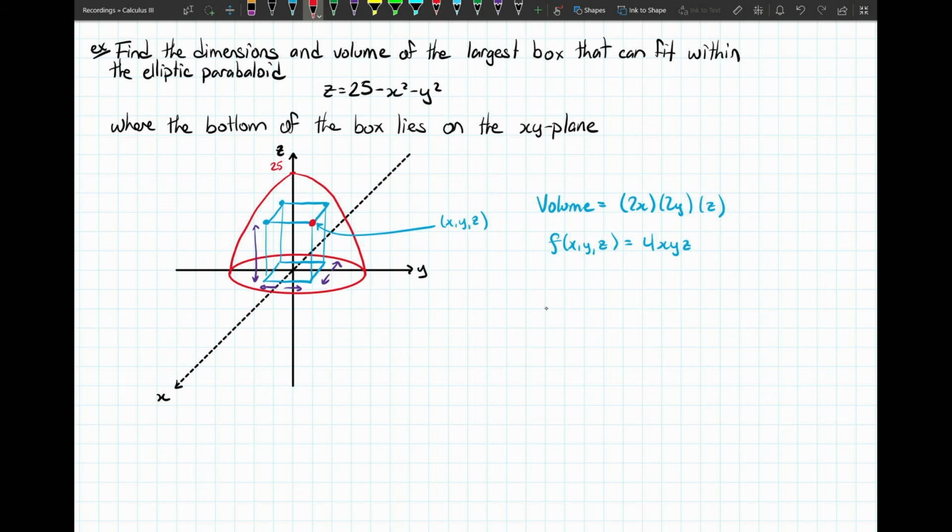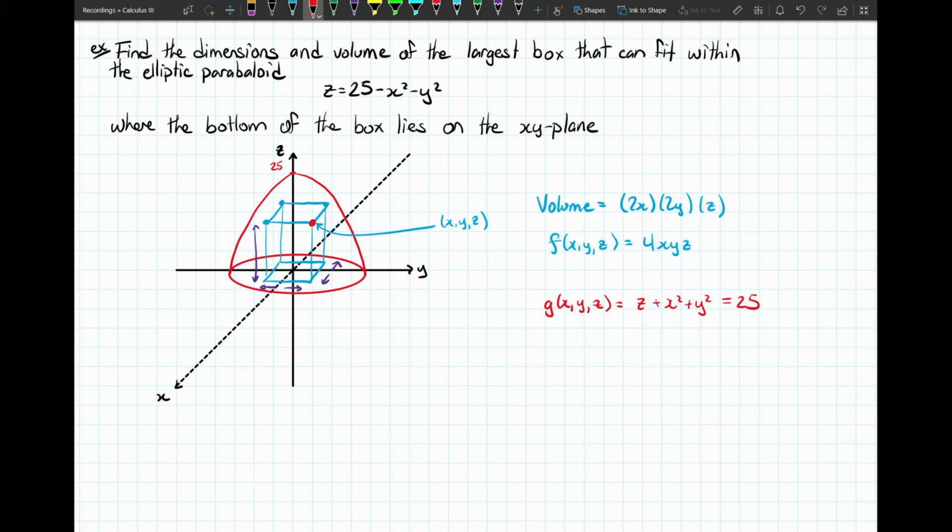And let's put that in the implicit form, g of x, y, z equals k. In this case, we could write that maybe as z plus x squared plus y squared equals 25. Now we've got our objective function f and our constraint in implicit form.